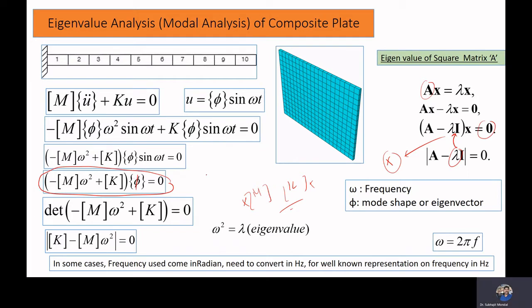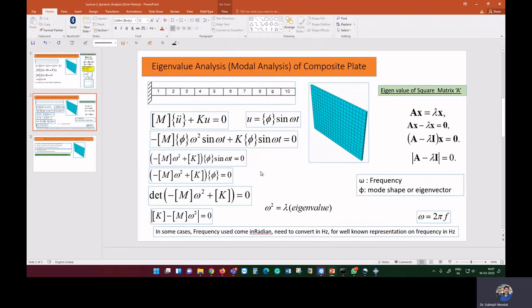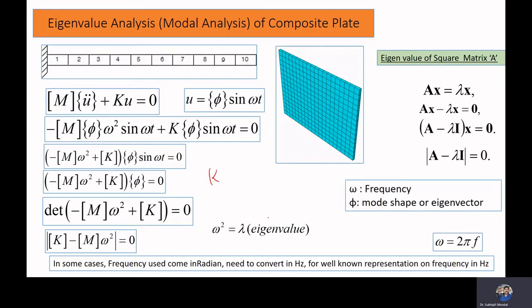We can write it in another way: K minus M omega square, where K is a matrix which, when it operates on a vector, gives the same vector as when it operates on the mass matrix, along with some multiplication factor.